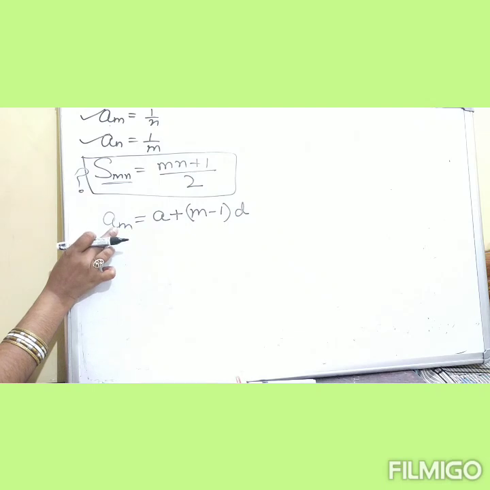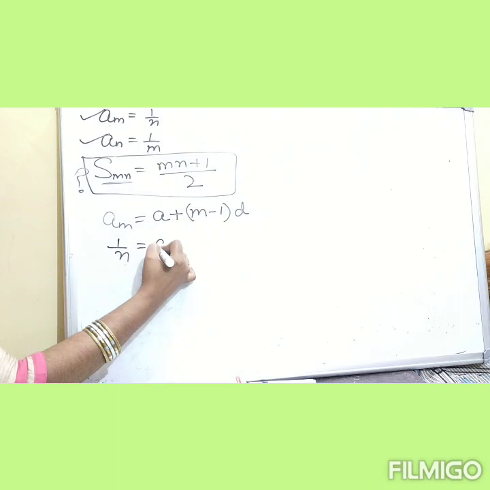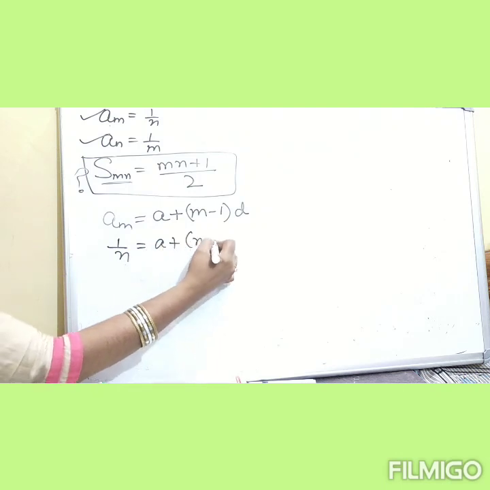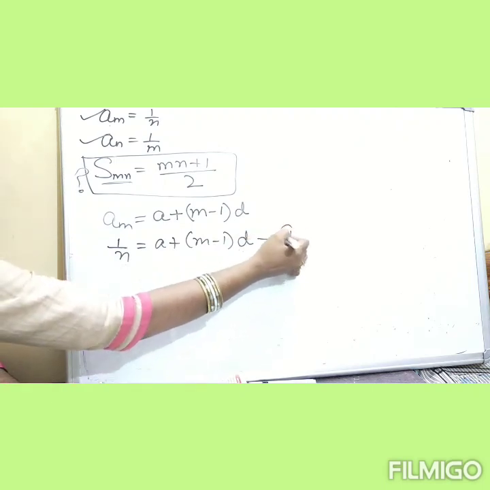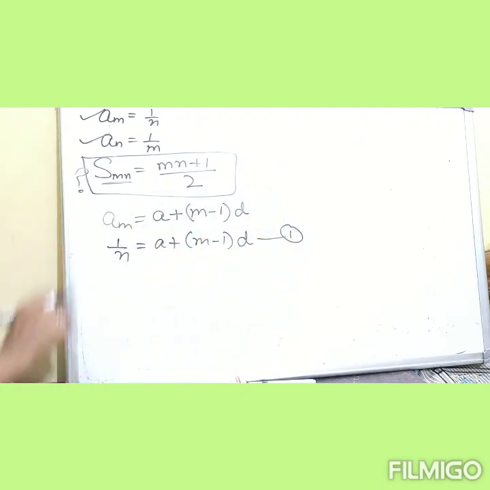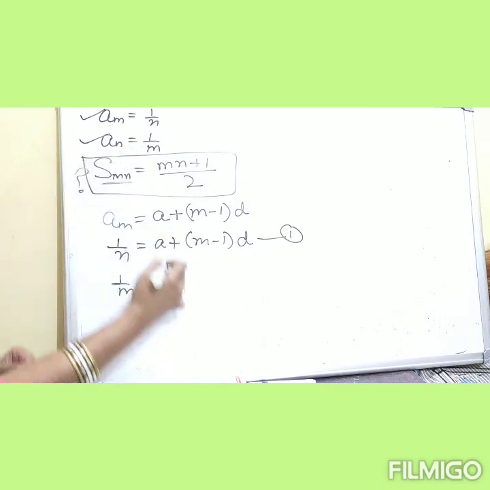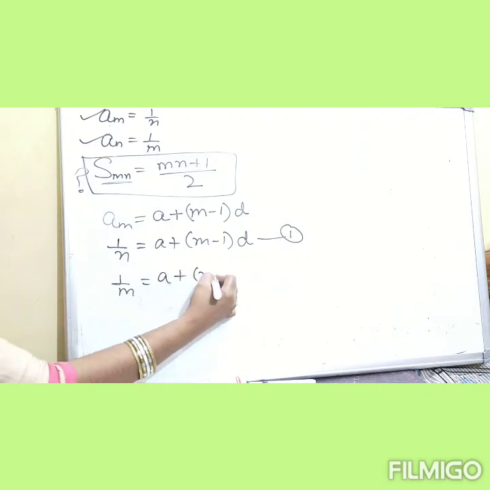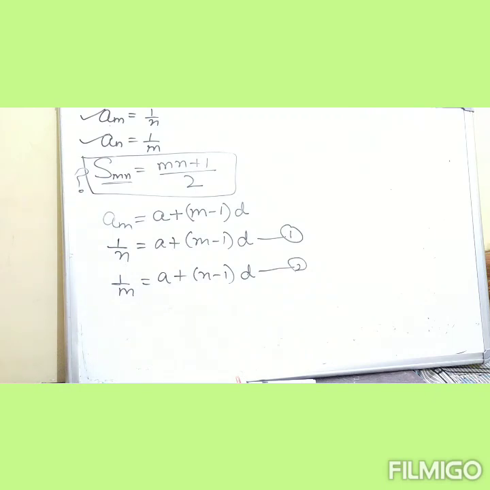So I'm putting here the value of the mth term: 1 by n equals a plus (m minus 1) into d, and this is our equation number 1. Similarly, we'll get equation number 2 from here. The nth term is 1 by m, so 1 by m equals a plus (n minus 1) into d. This is the second equation.